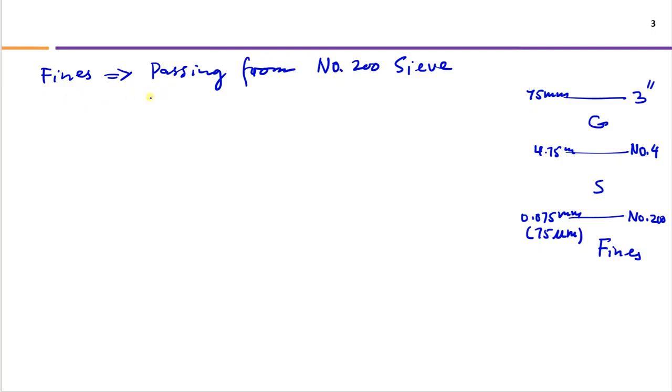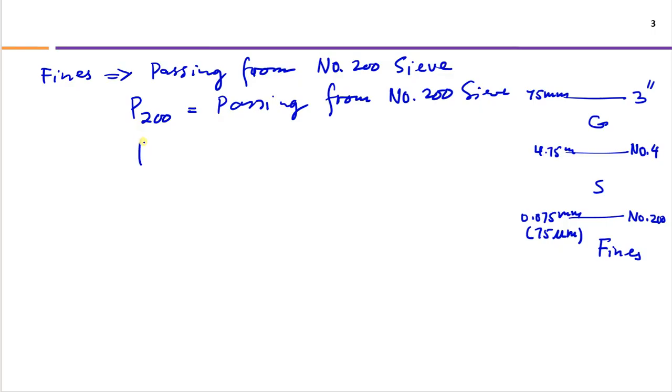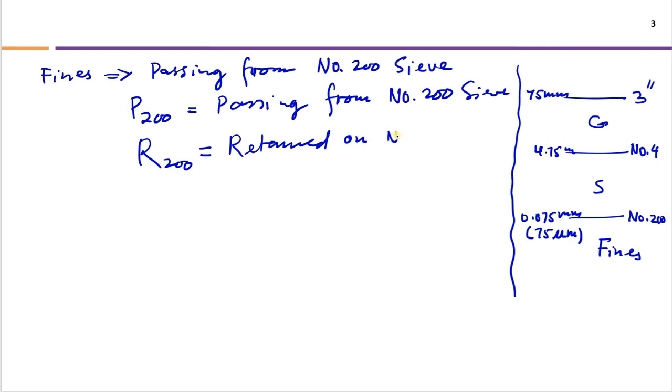This is sometimes also called P200, passing from the number 200 sieve. There is another way of writing it, retained on the 200 sieve, R200. It means the material that cannot pass through the 200 sieve, the material that is going to be retained on the number 200 sieve.